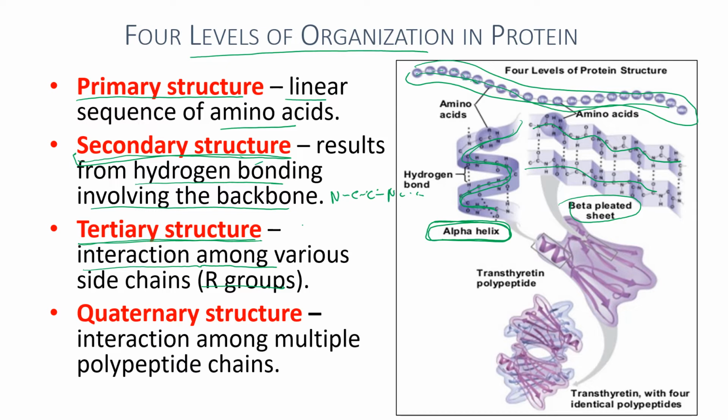And then after the tertiary structure is the quaternary structure, where you have two or more polypeptide chains that interact to form a functional protein, such as enzyme or hormone, for example.